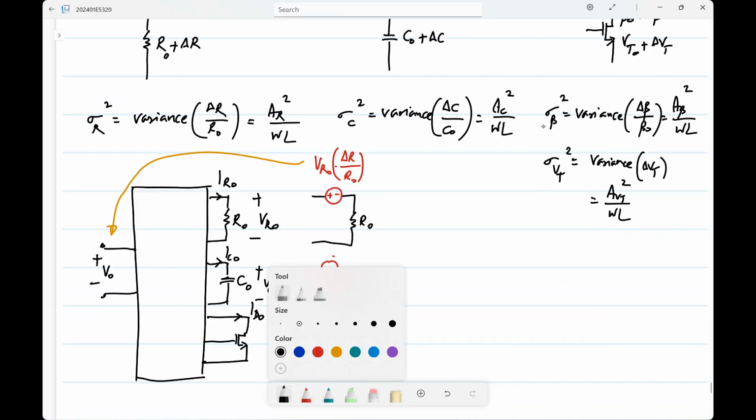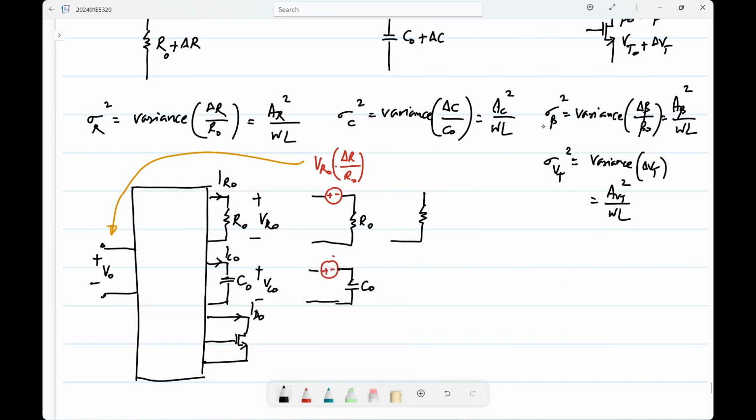For the resistance also, by the way, we can have an equivalent current source instead. Okay. What will be that value of that current? What is it going to be?